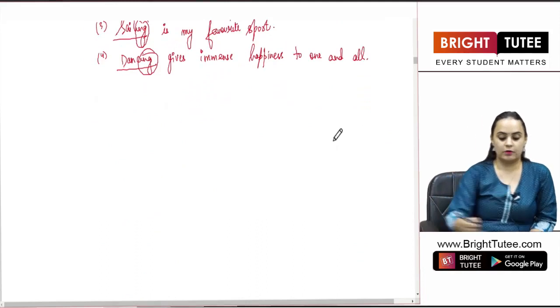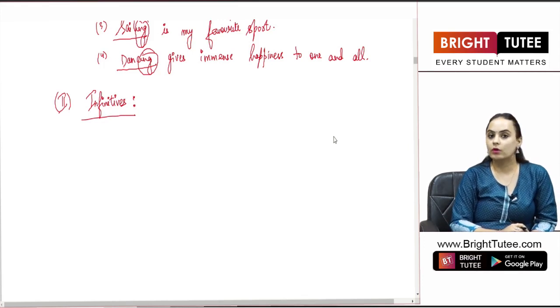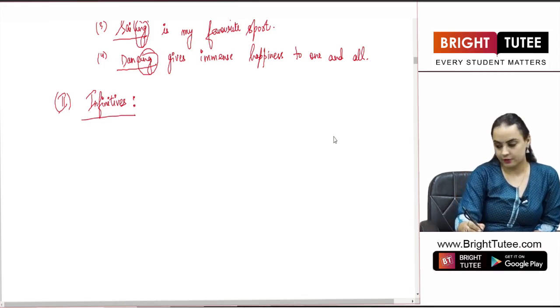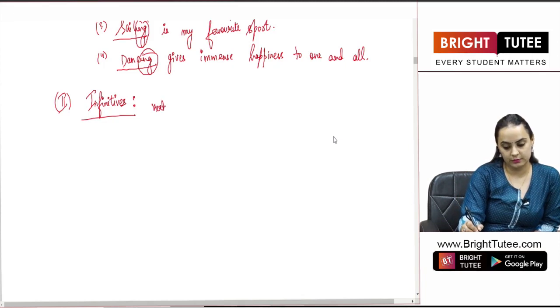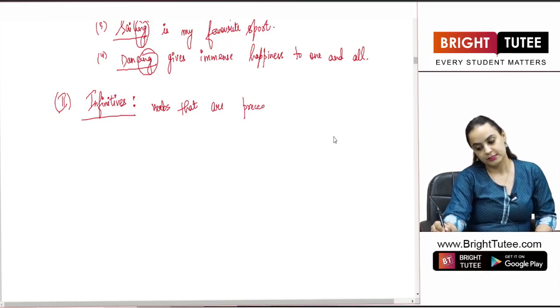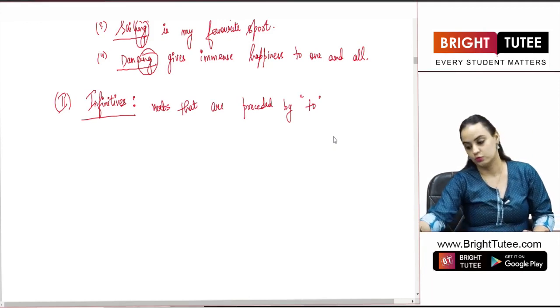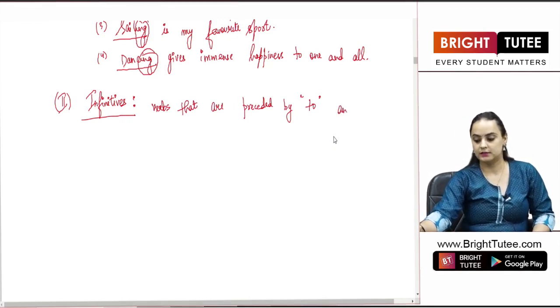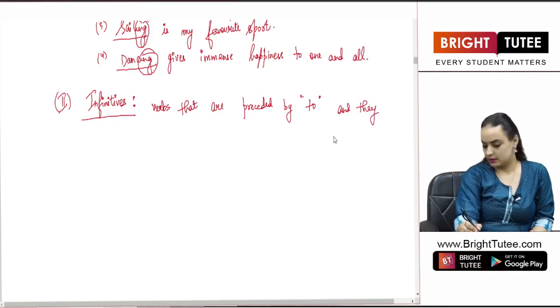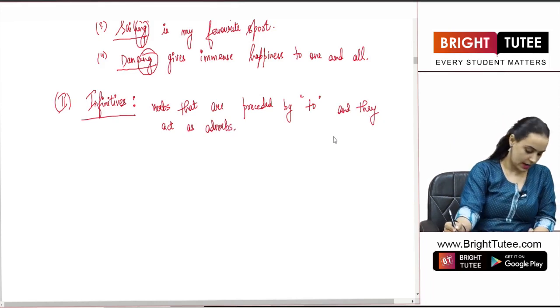The next type of non-finite verb is an infinitive. Now what are infinitives? Infinitives are those verbs that are preceded by to and they act as adverbs.